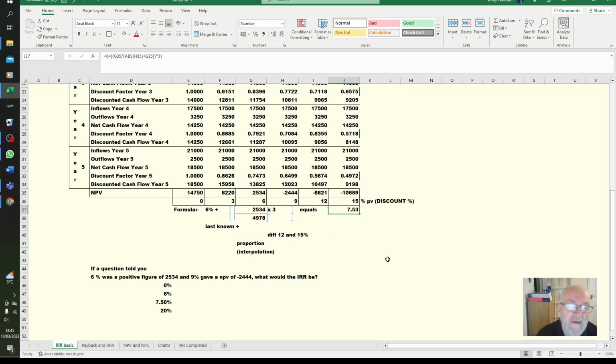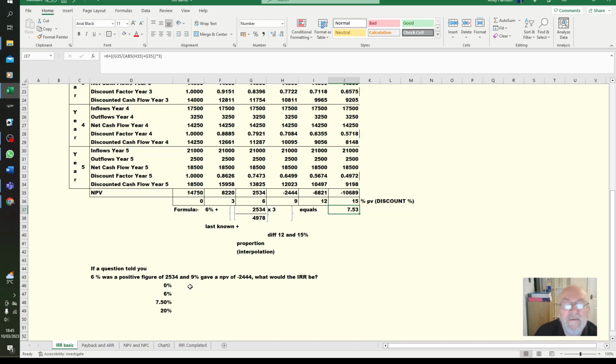So level 3, the questions are fairly straightforward. Having actually done the maths, it helps. So if a question told you that 6% was a positive figure of 2534, that's where we've got it from, and 9% gave a net present value of minus 2444, what is the IRR? Well, we've actually worked it out mathematically, but now you know instantly which box to tick.